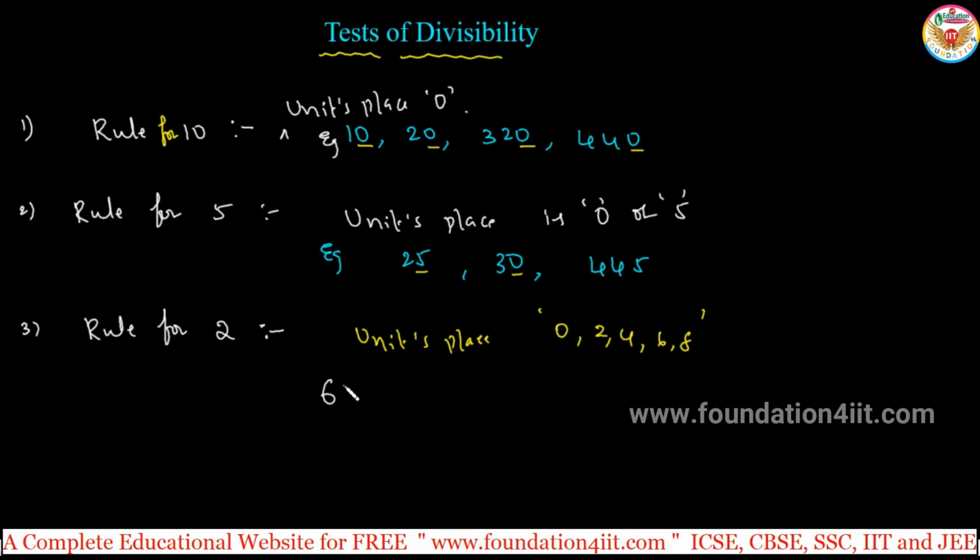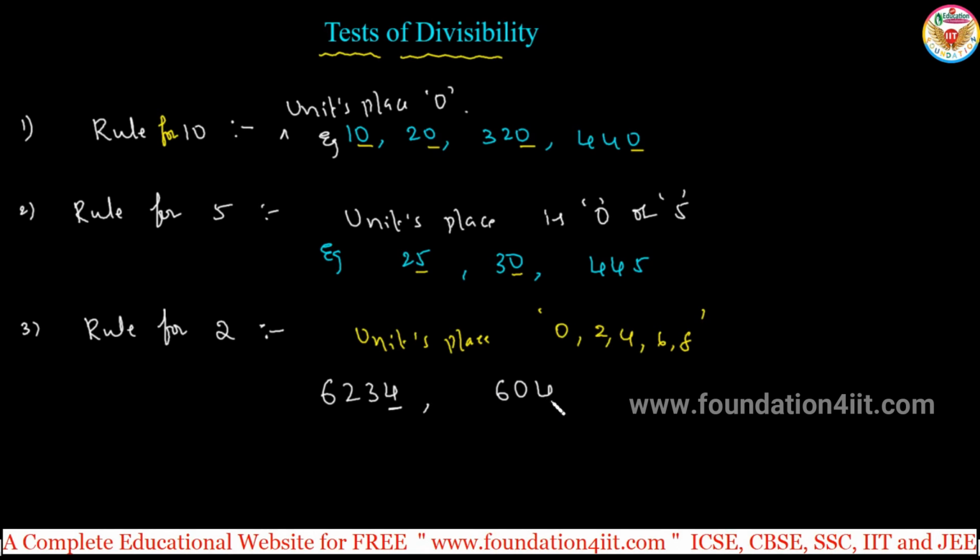So 6234, 4 is in the units place, so this number is divisible by 2. 604, 4 is in the units place. 326, 6 is in the units place. So the units place must be an even digit, either 0, 2, 4, 6, 8. Then that number is divisible by 2.